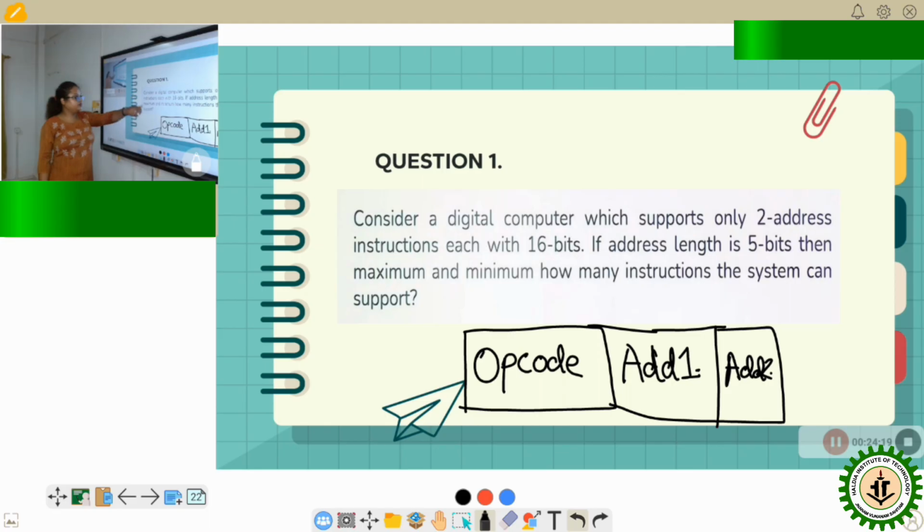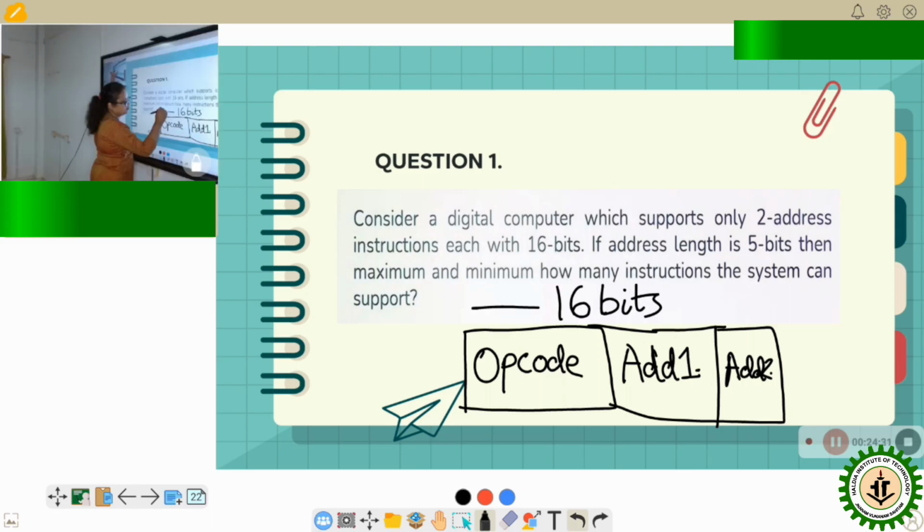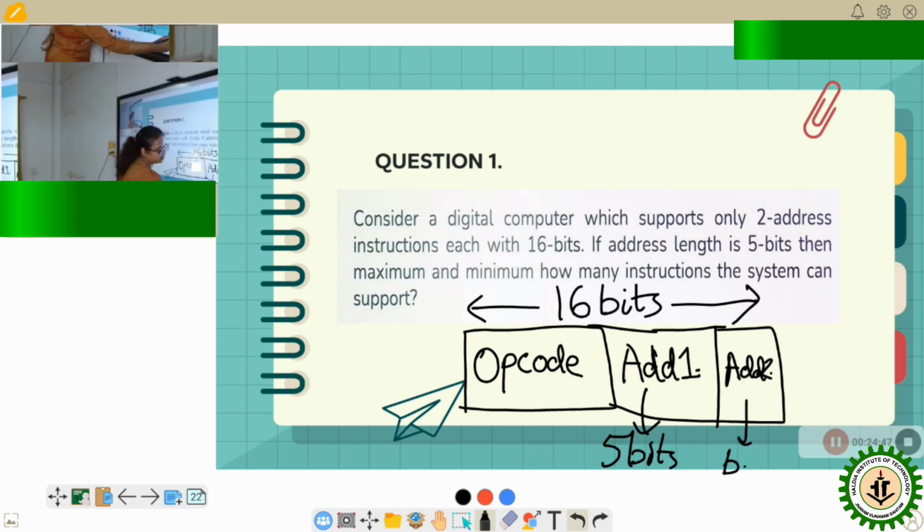So a 2 address instruction means opcode, then address 1, address 2, and each instruction is 16 bits. The address length is 5 bits, so this one is 5 bits, this one is also 5 bits.